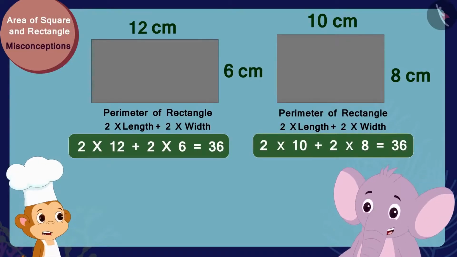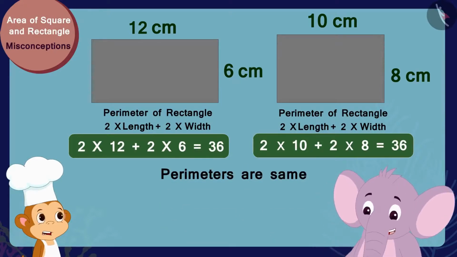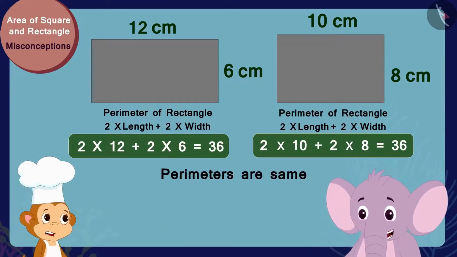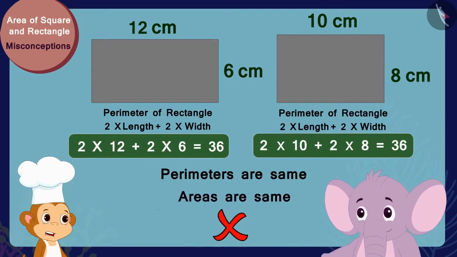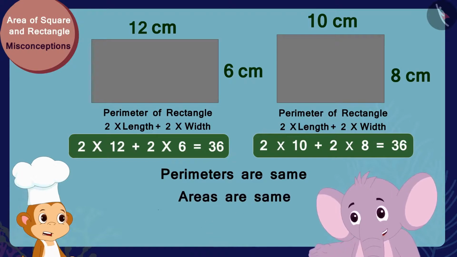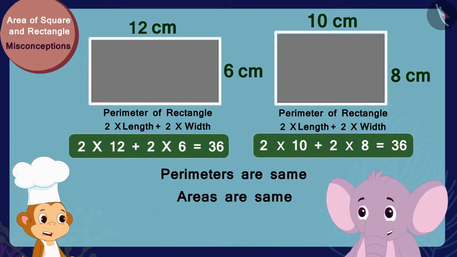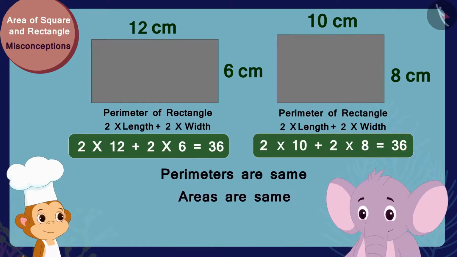Babban, it is not necessary that the areas of two rectangles having equal perimeters would also be the same. So, it is not necessary that because the perimeters of these two trays are the same, their areas will also be the same.